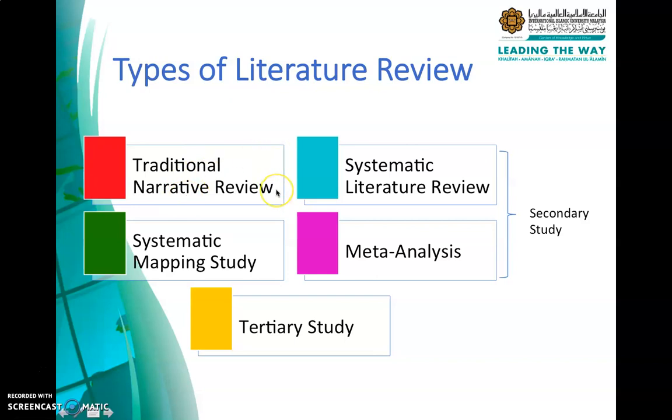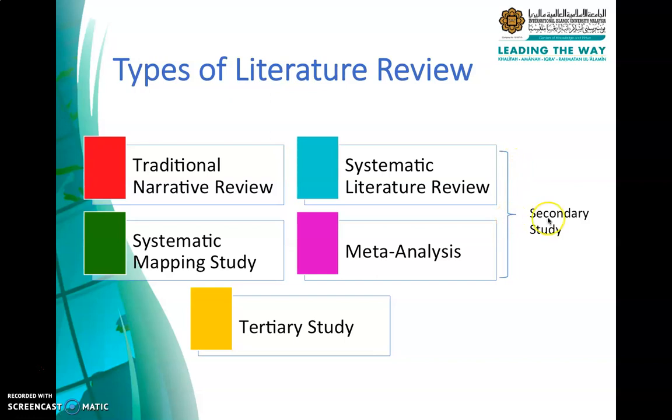Then there are methods called systematic literature review, systematic mapping study, and meta-analysis. These four types of review are all reviews, and these are what we call secondary studies.